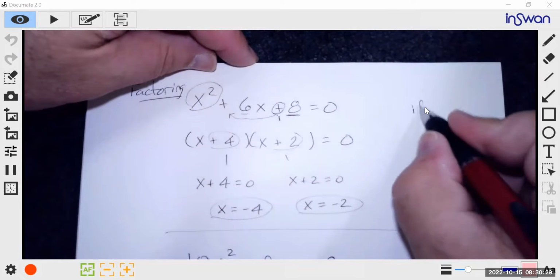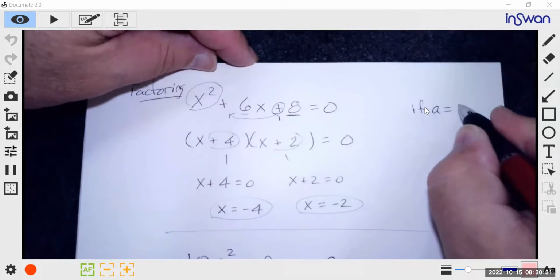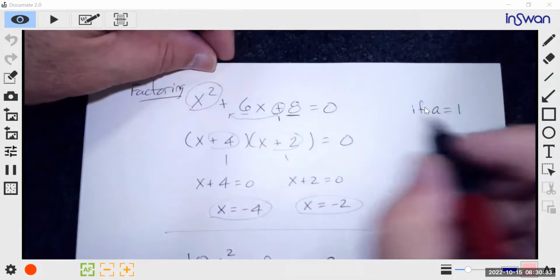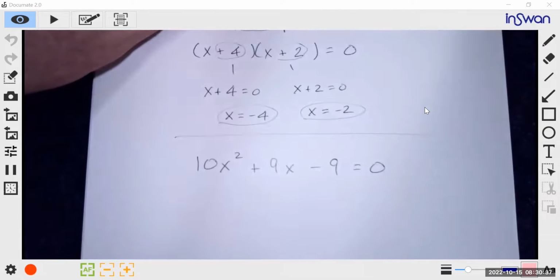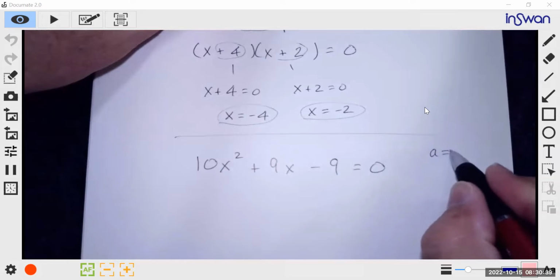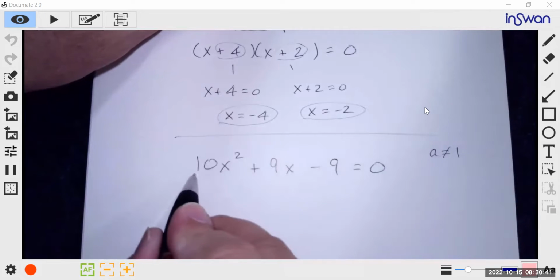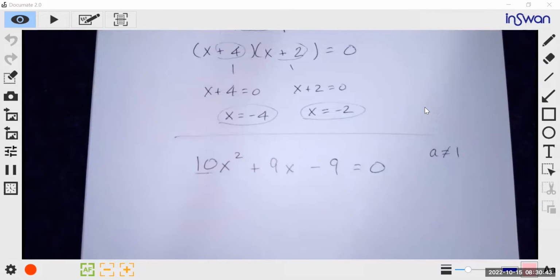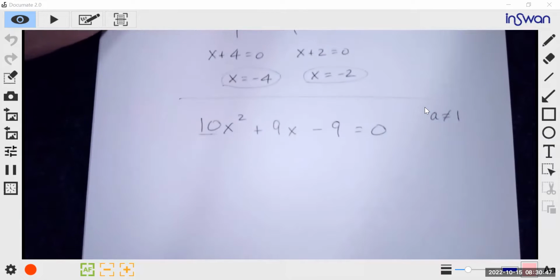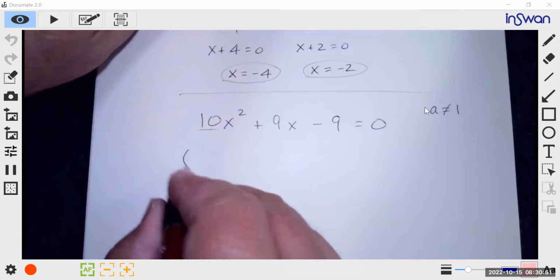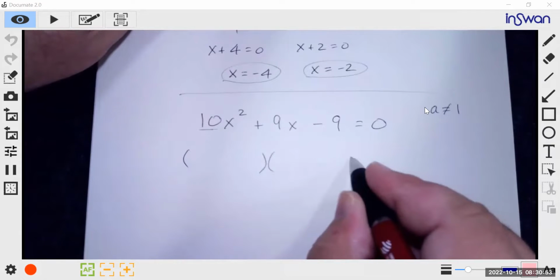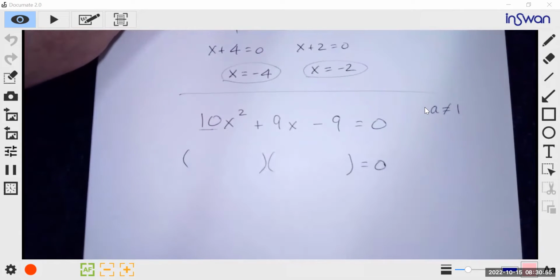So if A equals 1, if your leading term is 1, try to do it this way. If your leading term is not equal to 1, in this case, it's 10, we're still going to use that method since we're using factoring.